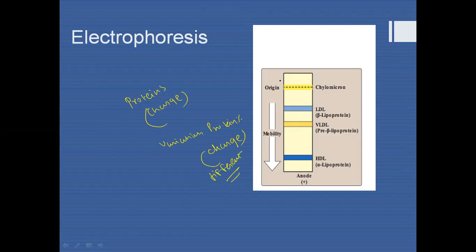That's why the chylomicron, having the lowest protein, will not move much. It will move very slowly. In contrast, HDL, with maximum protein, will move furthest among all the lipoproteins.